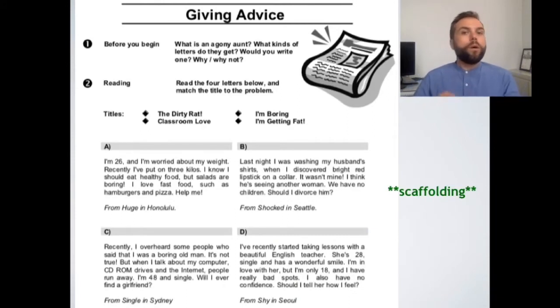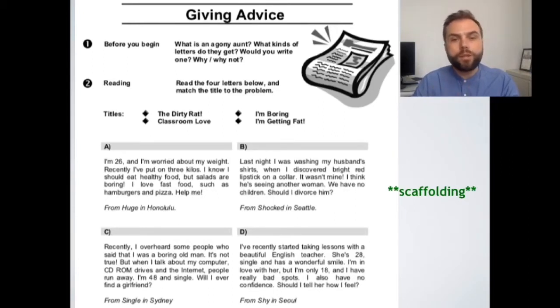Okay, so we've set the context and we've done some example activities together. Now this is moving towards more individualized practice. Here is a worksheet about giving advice, which is also the same context about agony aunt. So here you have 4 letters, A, B, C, and D. These letters were sent to a problem page.